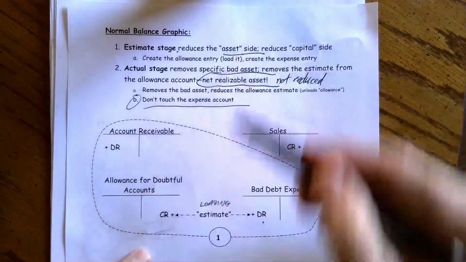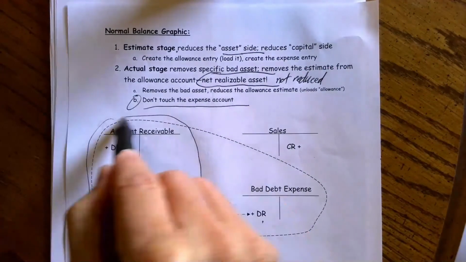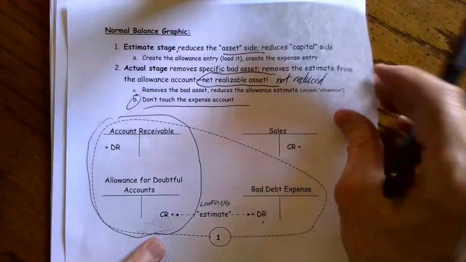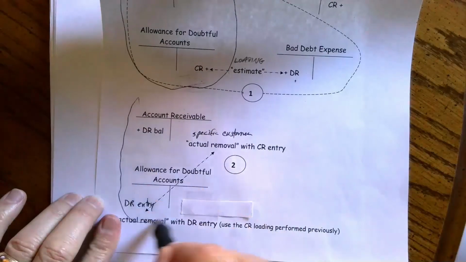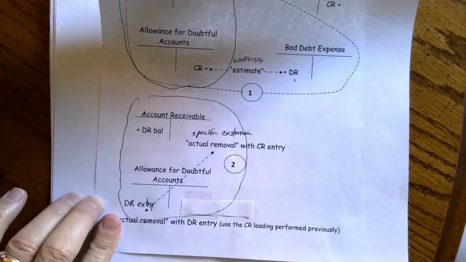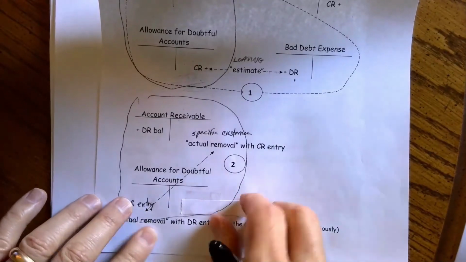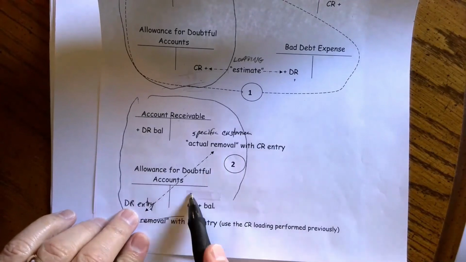That estimate stage reduces net realizable value, not the actual stage. Actual uses asset accounts only. And even after that write-off, there should, generally speaking, be a credit balance remaining in the allowance account.